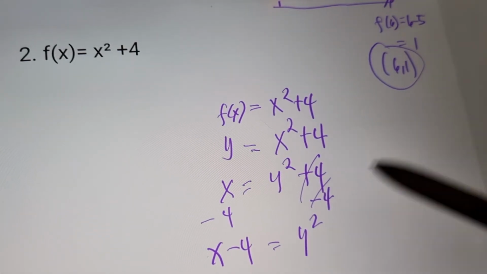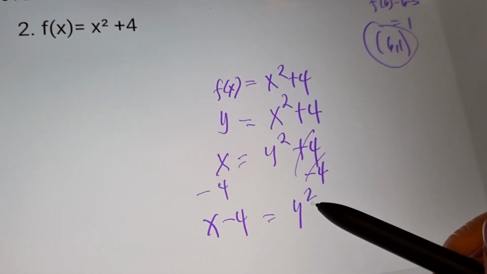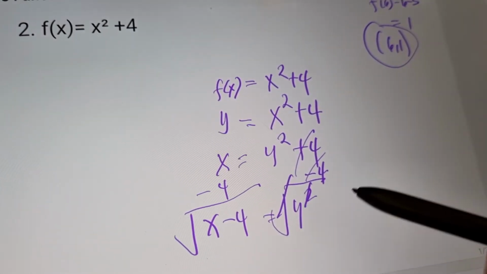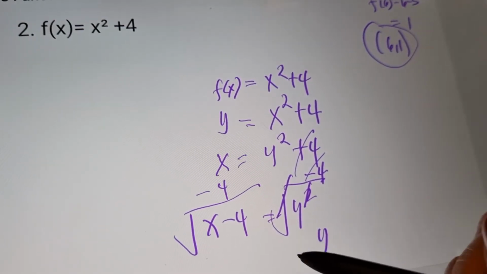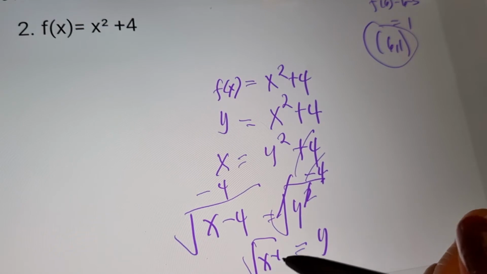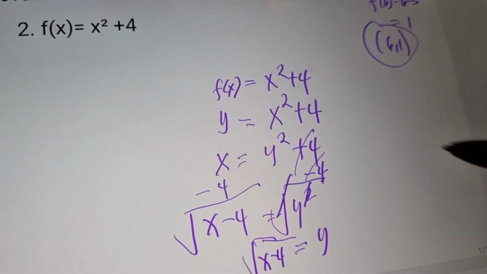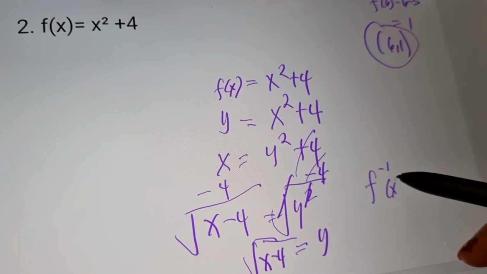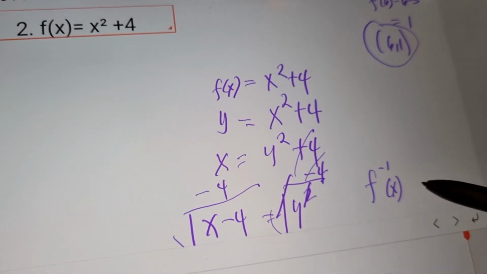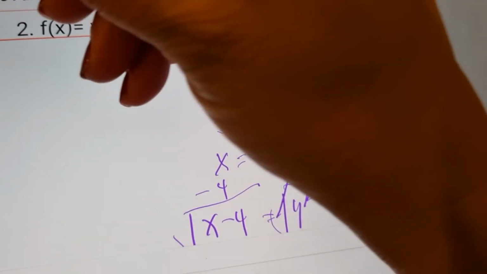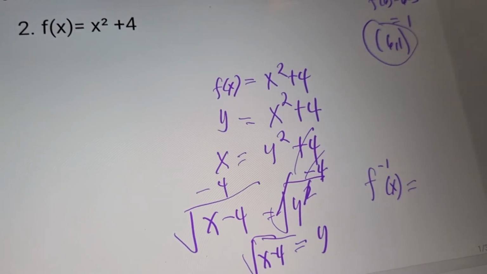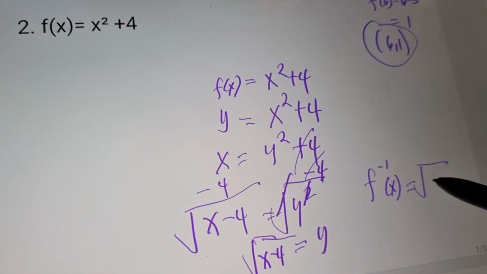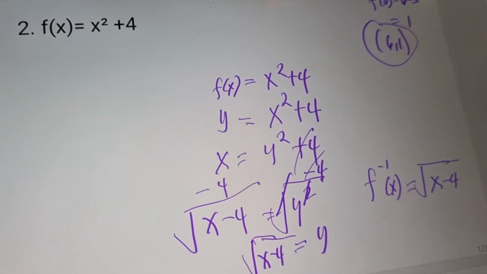But we need to get rid of this exponent too. It means we're going to extract the square root. So on this side, we have only y, and here is the square root of x minus 4 on the other side. Which means that the inverse of this f of x is equal to x squared plus 4 is equal to the square root of x minus 4.